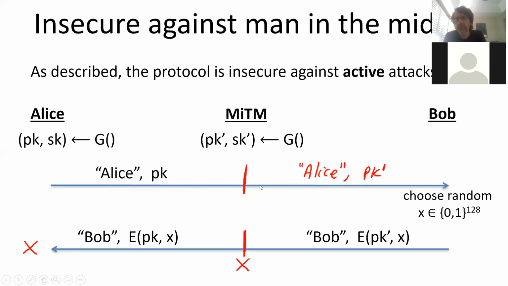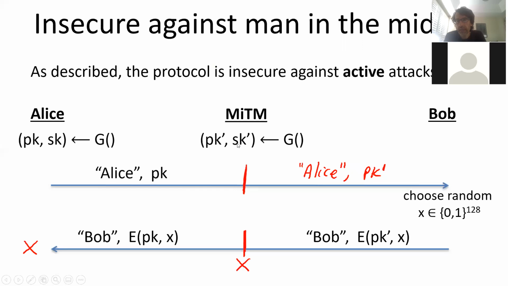Well, and it's also just as insecure against an active attacker, right? An active attacker can just send whatever public key it wants on behalf of Alice to Bob, and then Bob will just encrypt his session key under PK prime.